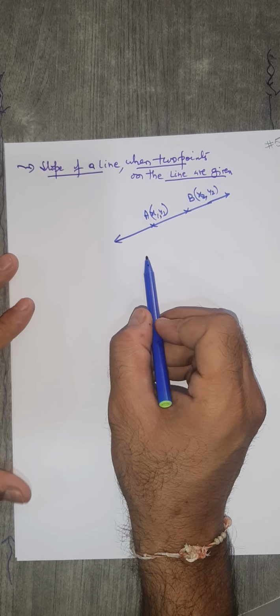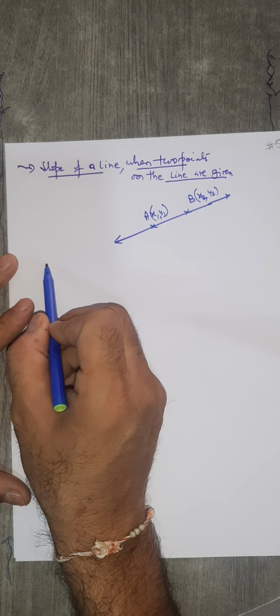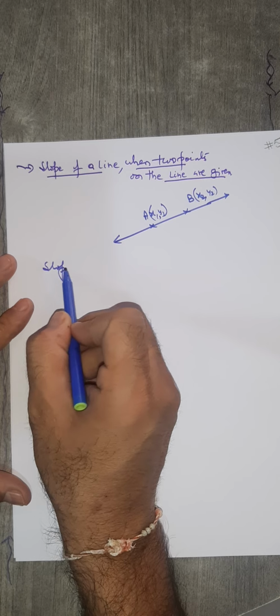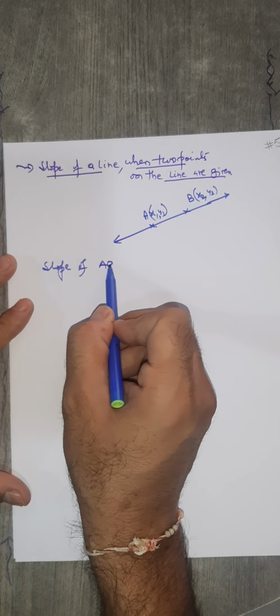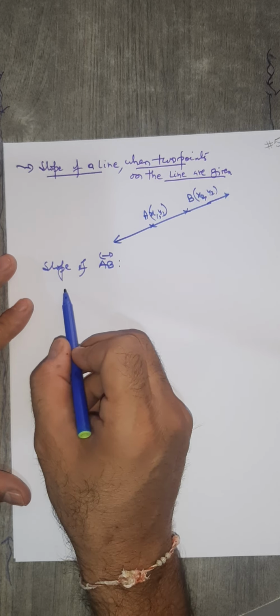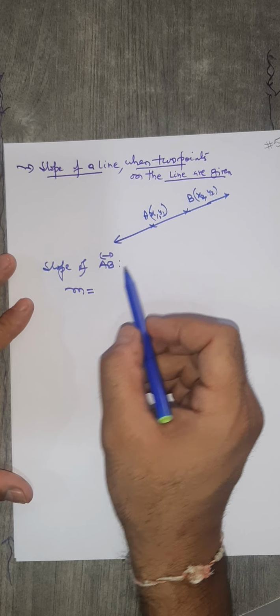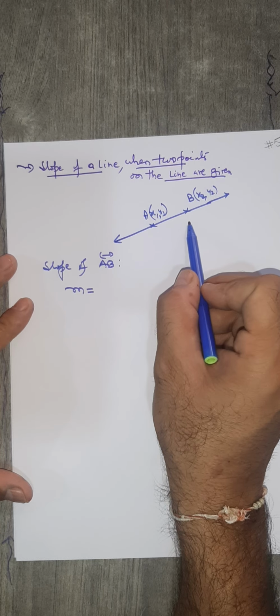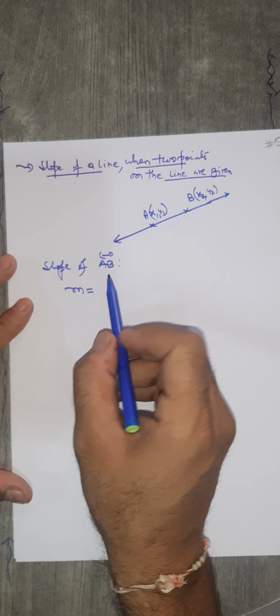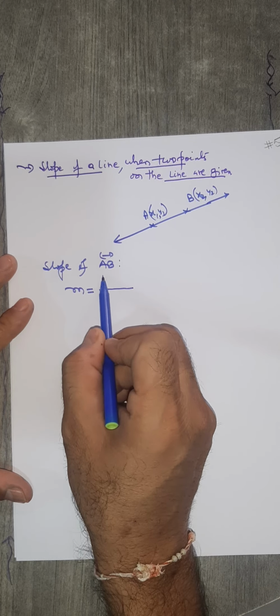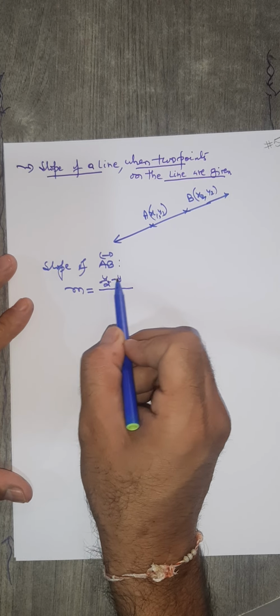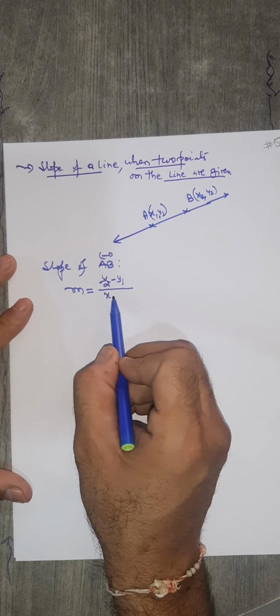Then the slope is tan theta, we know. So the slope of line AB, when 2 points are given, equals small m, and it can be derived by forming a right angle triangle. It is given by y2 minus y1 upon x2 minus x1.